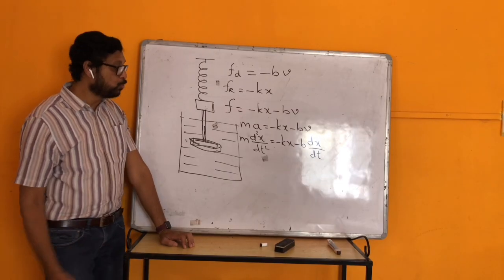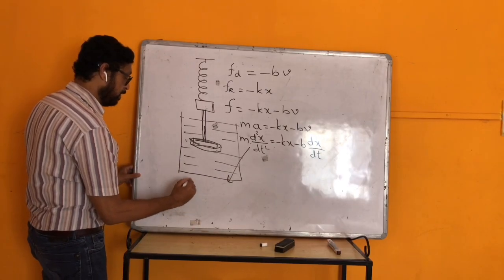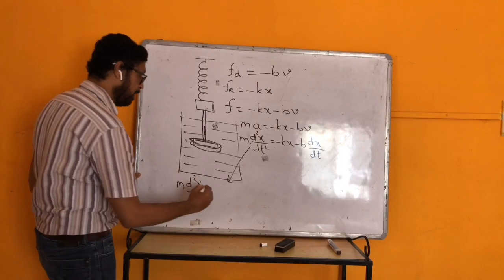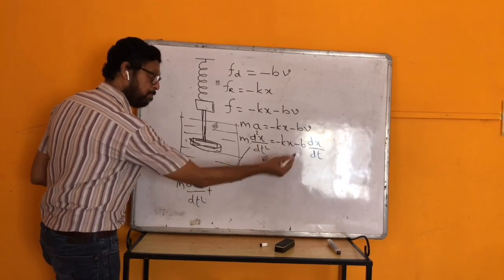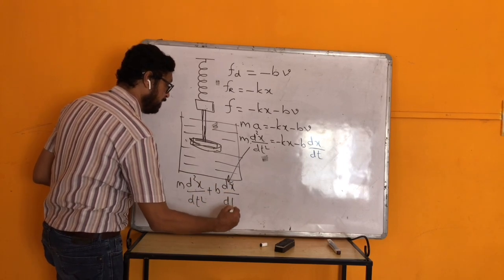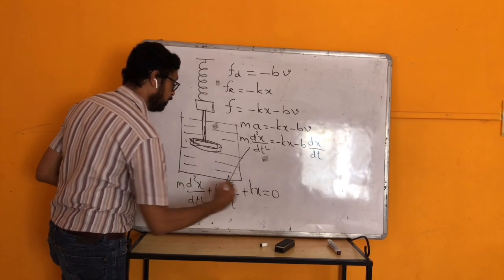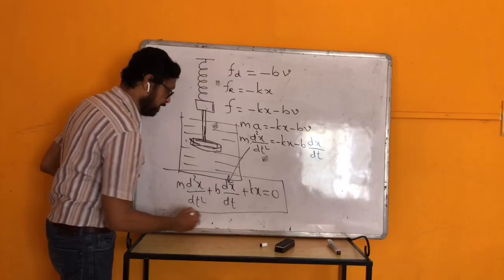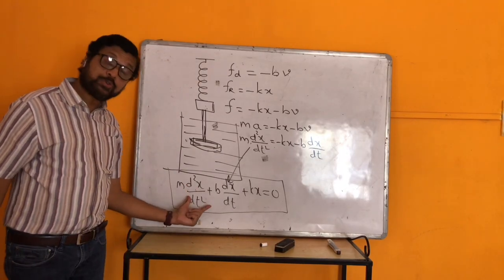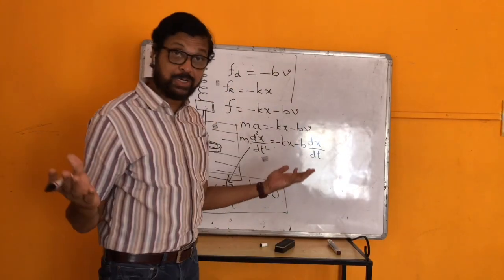right? So you can say that m d2x by dt square plus b dx by dt plus kx is equal to 0. This is the equation for damped oscillation. If you solve this equation, you don't have to solve it, you don't have the proof.